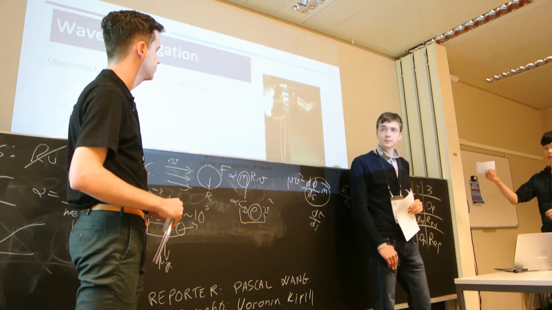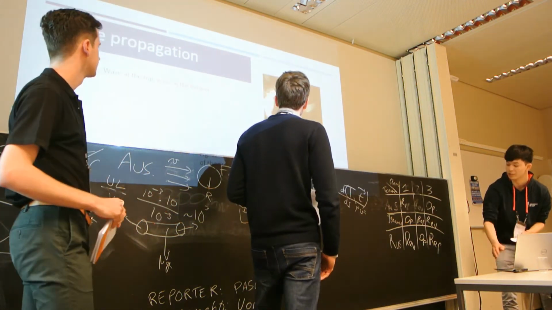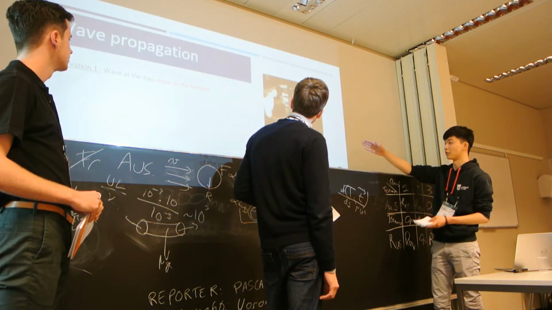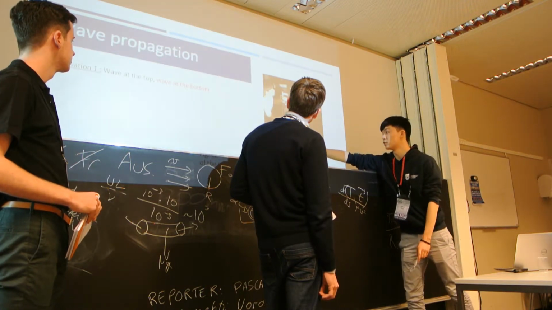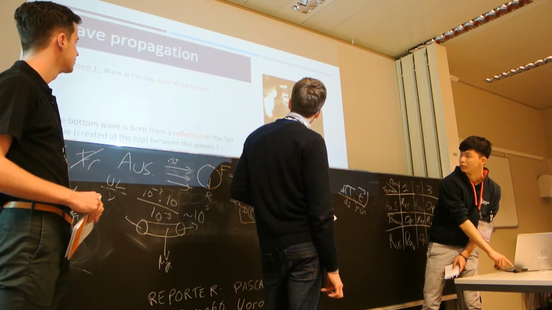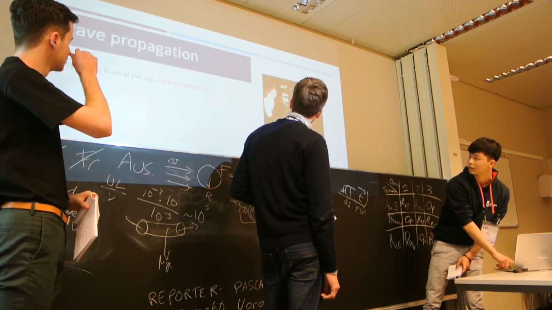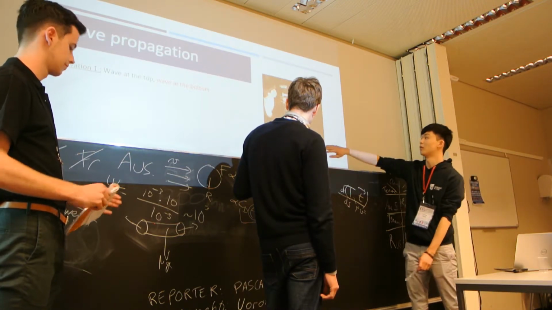Okay. So actually, in this video, we created a wave by blowing perpendicularly to the string surface. And you can see the two slow waves, bottom and top, and the fast wave. Sorry for the technical problem, but here we blow on the wave.